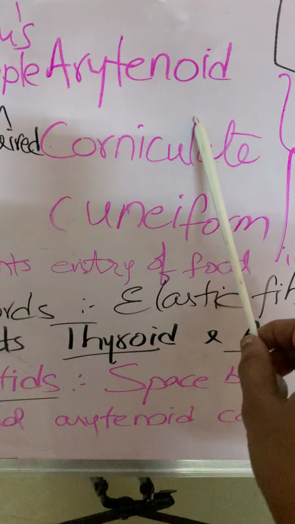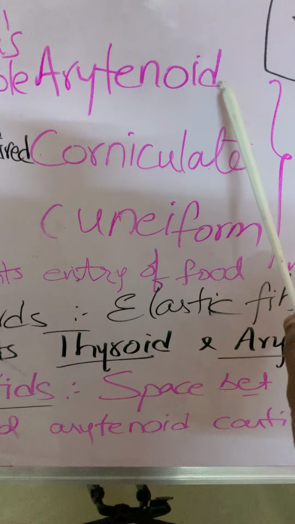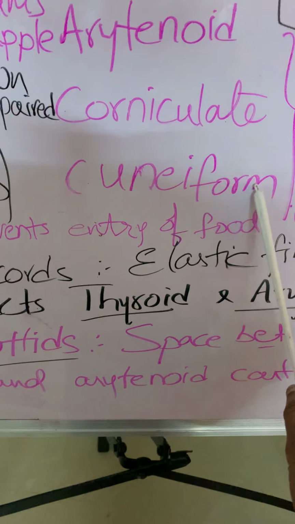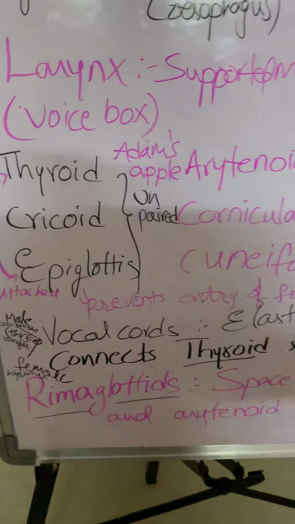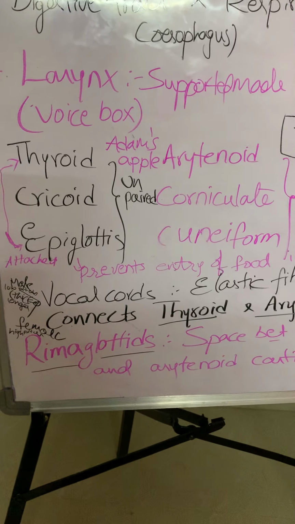Arytenoid cartilage, corniculate cartilage and cuneiform cartilage are the 3 paired cartilages. So the number is 3 plus 2 plus 2 plus 2, which is 9. So a total of 9 cartilages support the larynx.